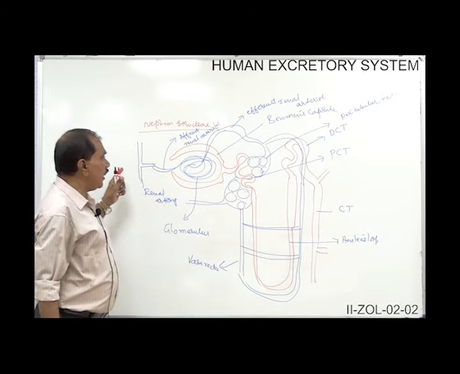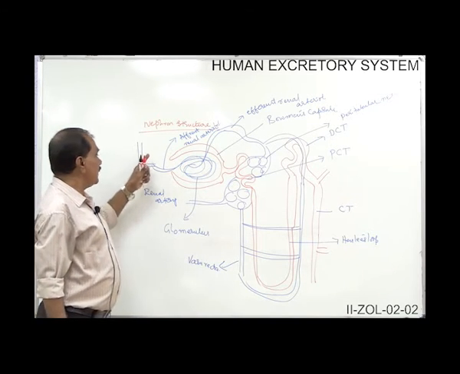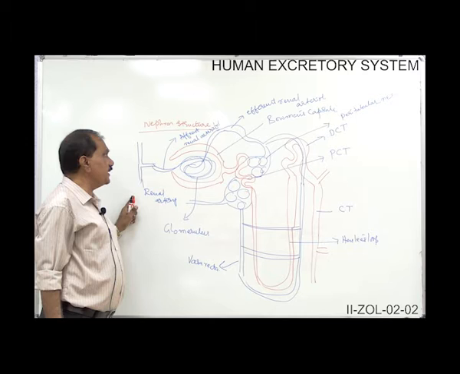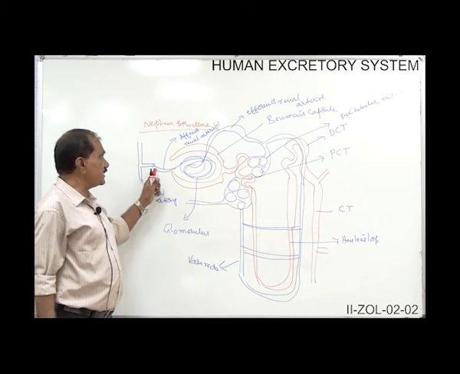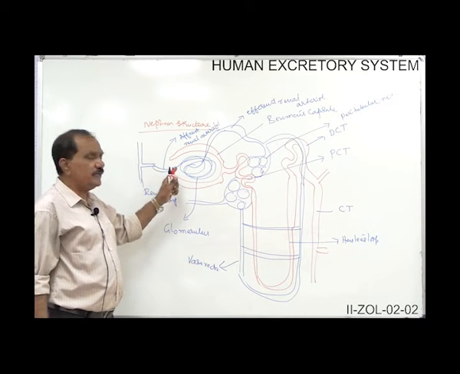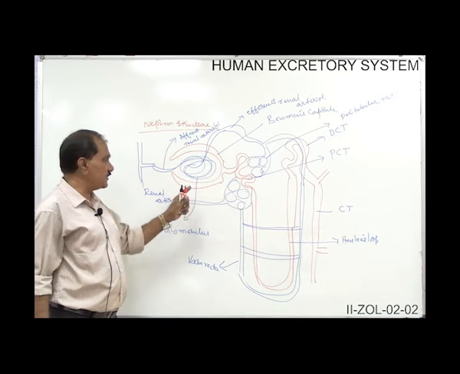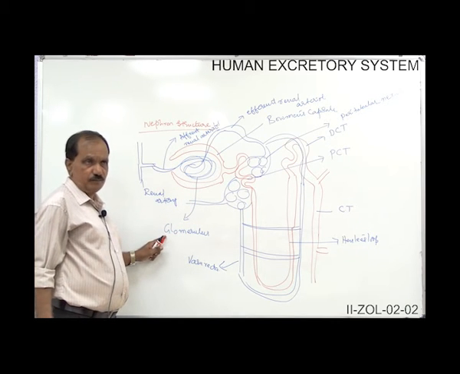And how the glomerulus forms: the renal artery, after entering the kidney, forms a large number of afferent renal arterioles, and these afferent renal arterioles enter the Bowman capsule and form a network of blood vessels called the glomerulus.